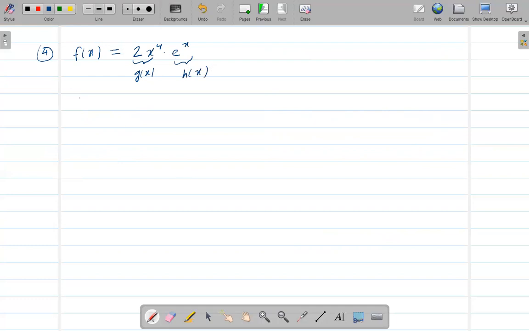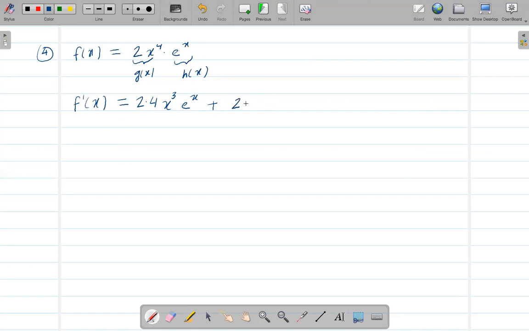Then I can use a product rule here. So I'm going to take the derivative of this f of x. First, let's take the derivative of the first one. So I can bring this 4 down first. So 2 times 4 times x to the power 4 minus 1 is 3. So if I take the derivative of this one, the second one will stay the same. And then after that, now let's take the derivative of this second one.